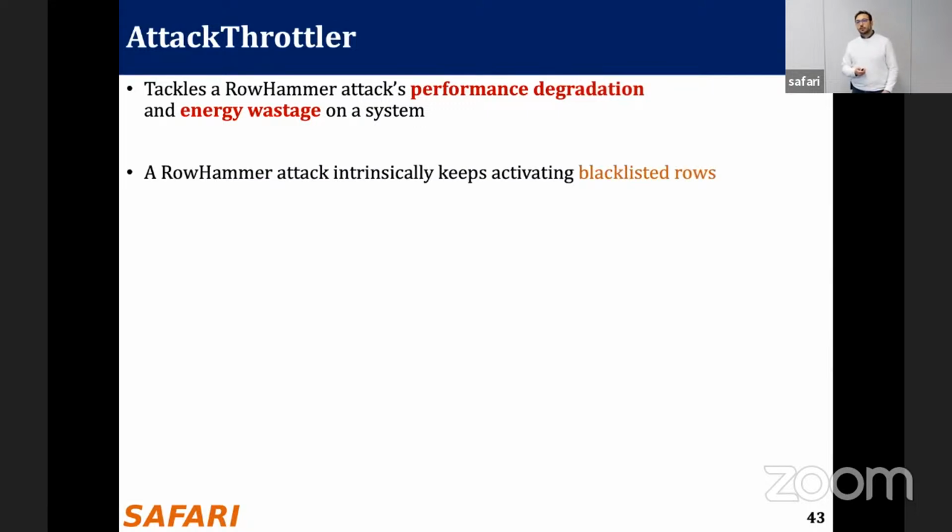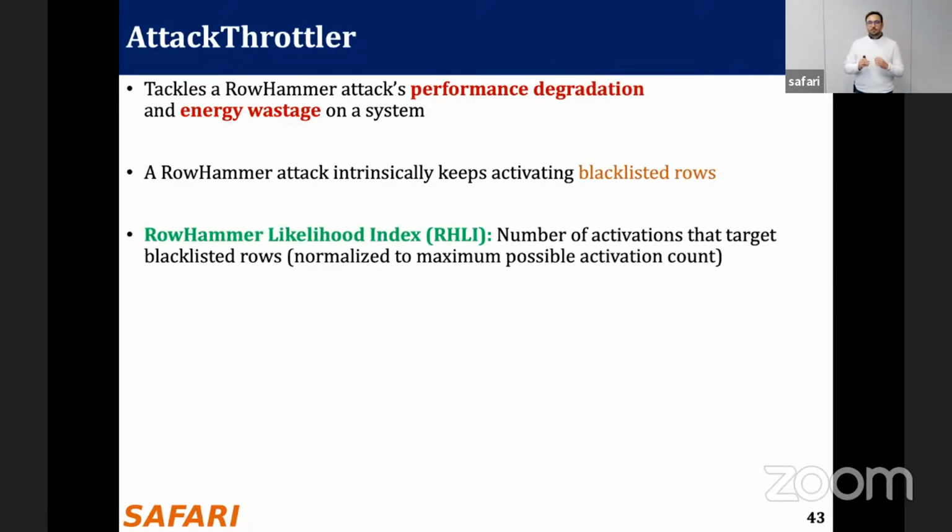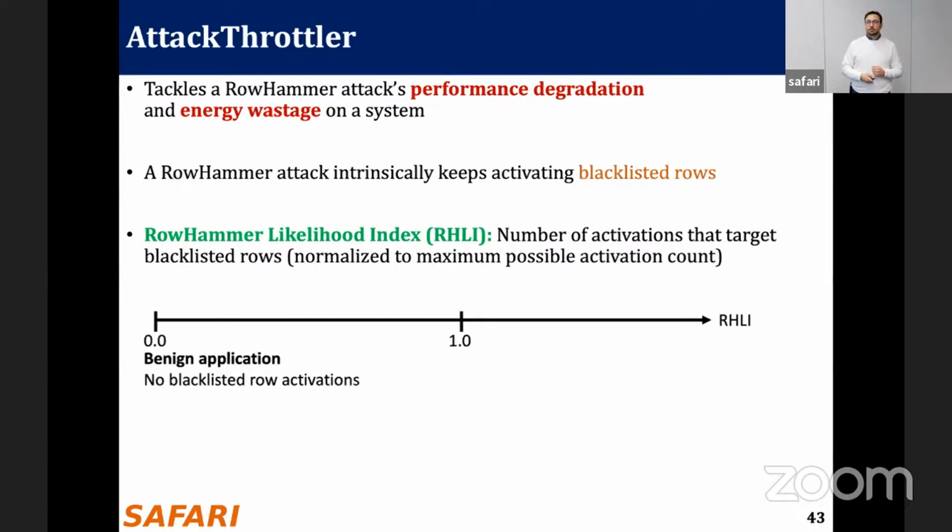What the attack throttler does is leverage the key insight that a RowHammer attack intrinsically keeps activating blacklisted rows. It comes up with a new metric called the RowHammer likelihood index. It is basically the number of activations that target the blacklisted rows, normalized to the maximum possible activation count. This is, again, a cartoonish picture of how this metric works.